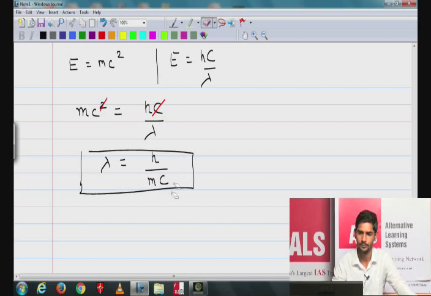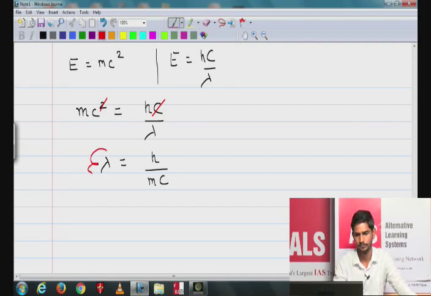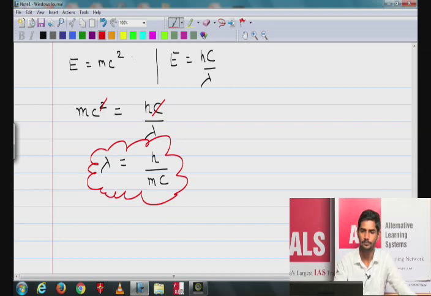This is our required relation that we have to remember. Now, as we know that mc is momentum, we can say that λ should be equal to h/p, where p is momentum.